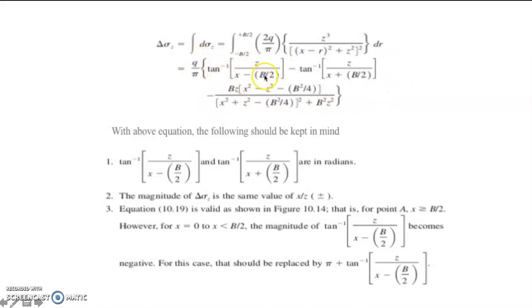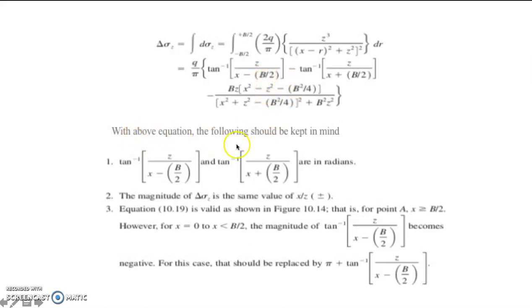So we just have to identify, of course, our intensity and the magnitude of our vertical strip load, the Z, which is the distance from the strip load towards the point of the stress caused by the strip load, our B, which is the width of the strip load.